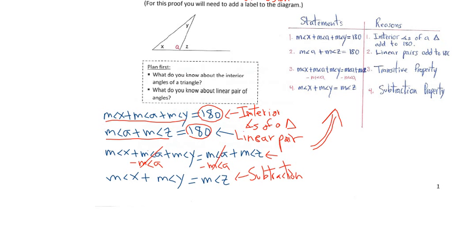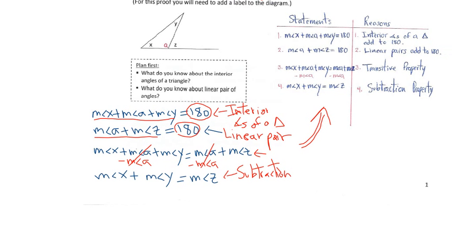And in number 2, I have measure of angle A plus measure of angle Z is equal to 180, because linear pairs add to 180. And then in step number 3, I have combined the two equations into one. So measure of angle X plus measure of angle A plus measure of angle Y is equal to measure of angle A plus measure of angle Z, because we use the transitive property to combine these two equations into one.